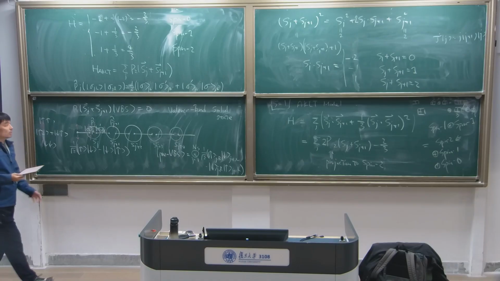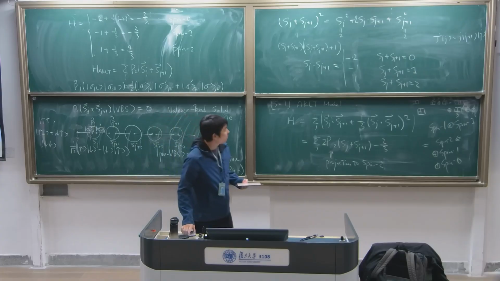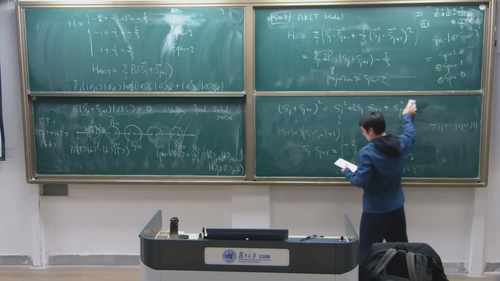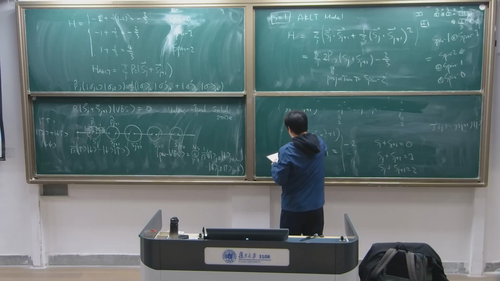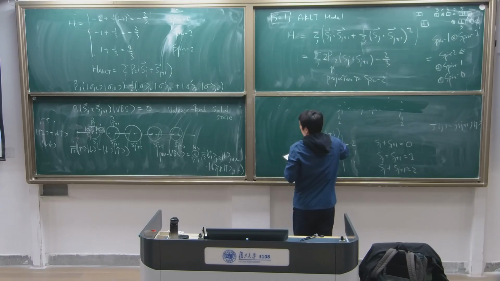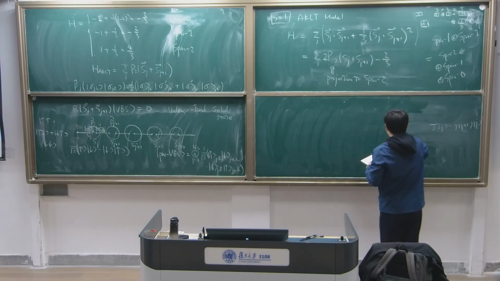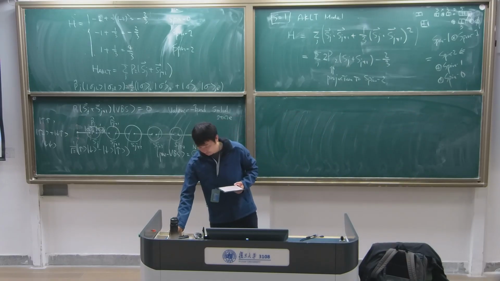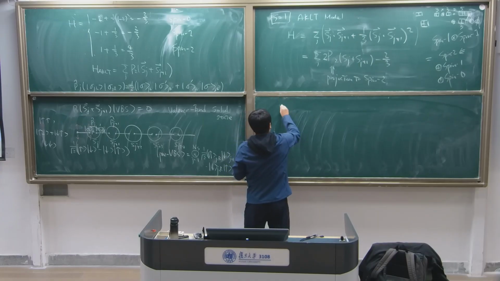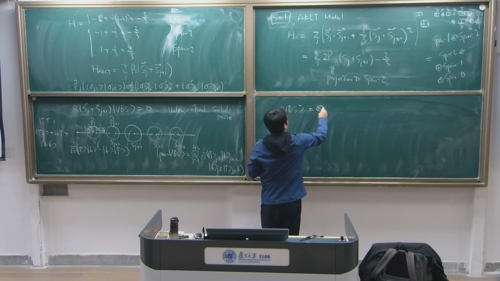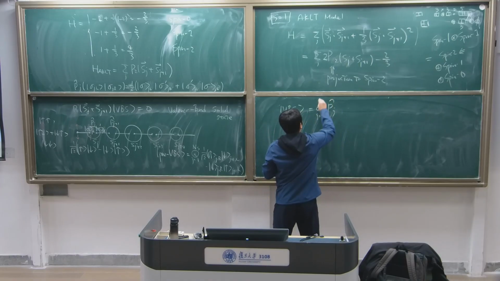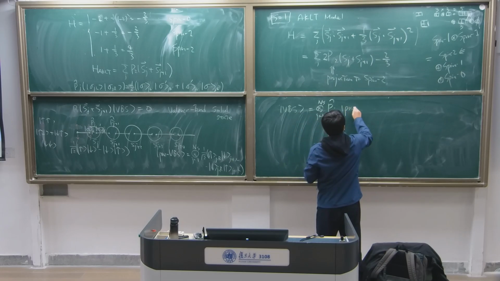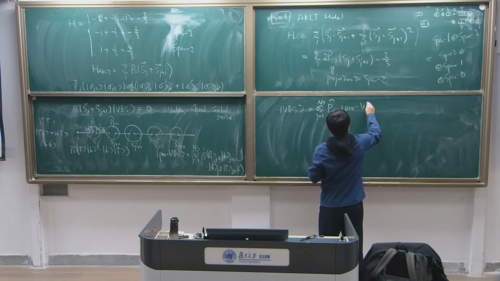So now by construction, this AKLT state is in fact the product of P hat J, J equals 1 to N, acting on the valence bond state.